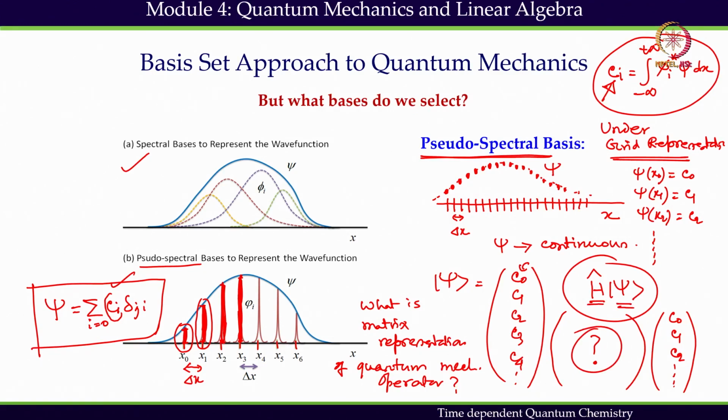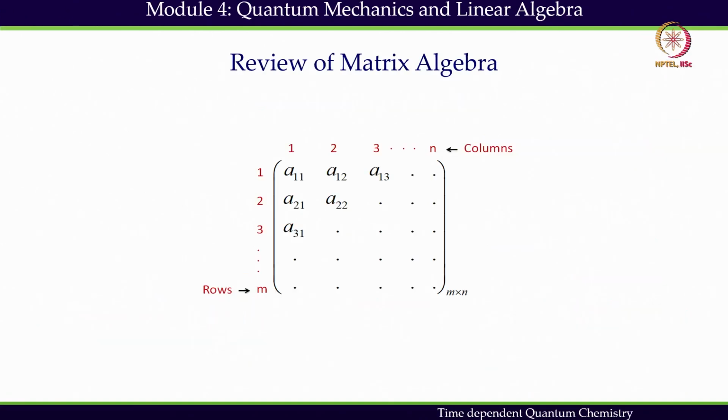But before we go ahead and find out the matrix representation of the Hamiltonian operator, because we will be using a lot of matrix algebra to find its ultimate form, we will briefly go over the matrix algebra first.